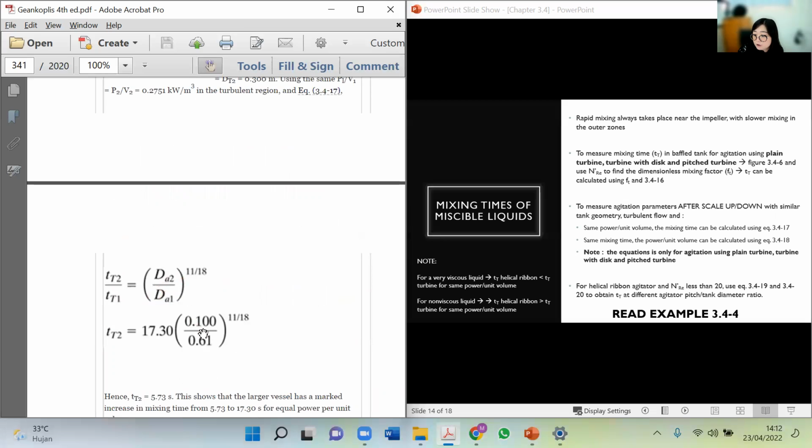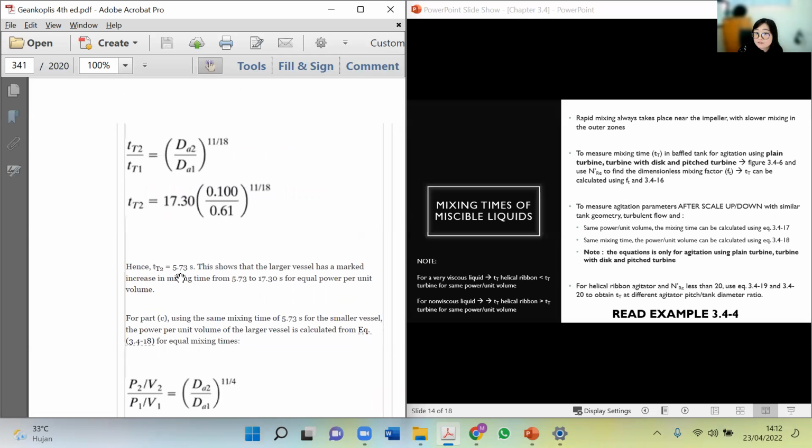I put the original diameter of the agitator here, and then Tt1, which is 17.3 from the first question. Then we can find Tt at the second condition, which is 5.73 seconds. So for a smaller tank, it turns out that the mixing time is shorter than the original one, for the same power per unit volume.